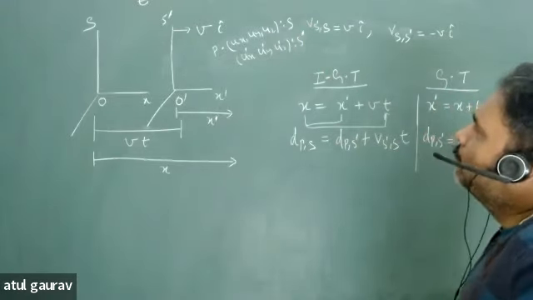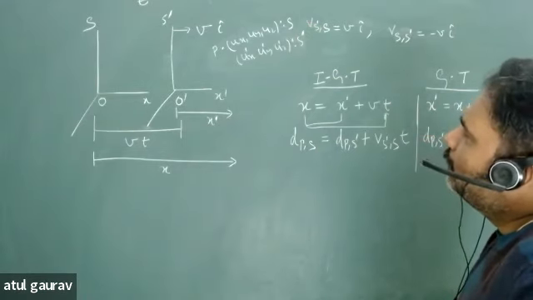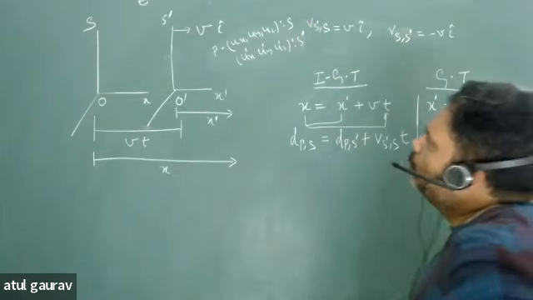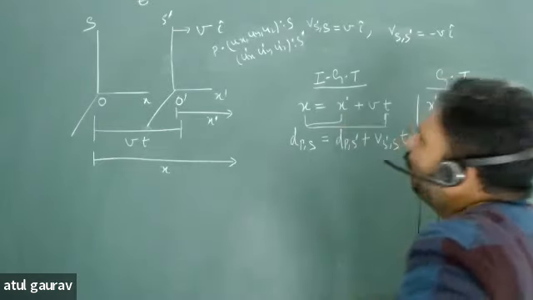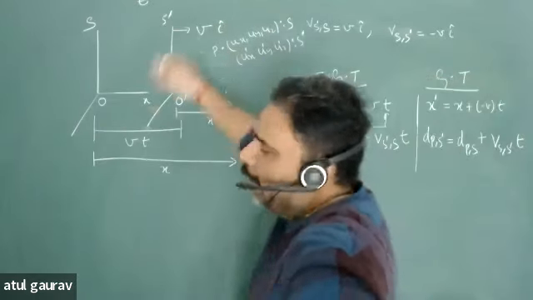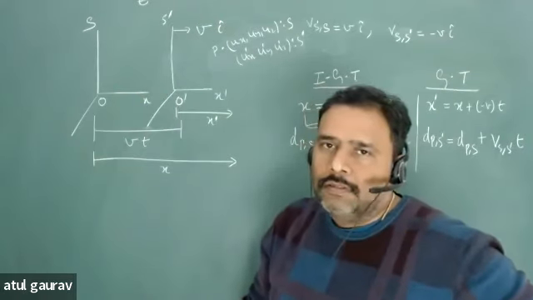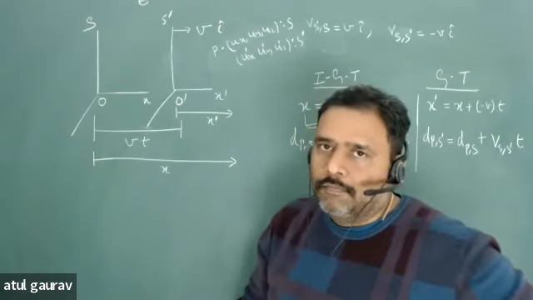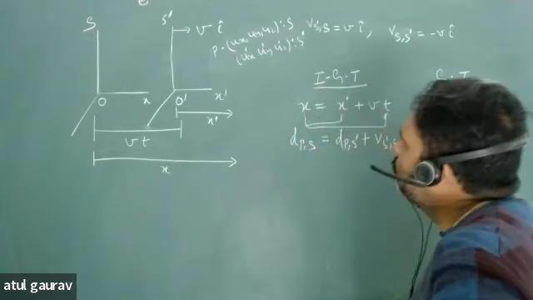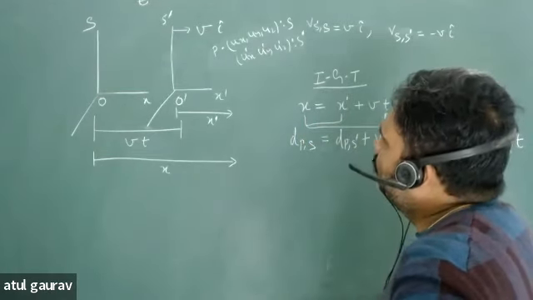Now what I have to do is just write the relationship between ux and ux dash. Obviously, there is no need to write in the y direction because there is no relative speed in the y direction, so y dash will remain the same. But yes, let's go for our next definition.